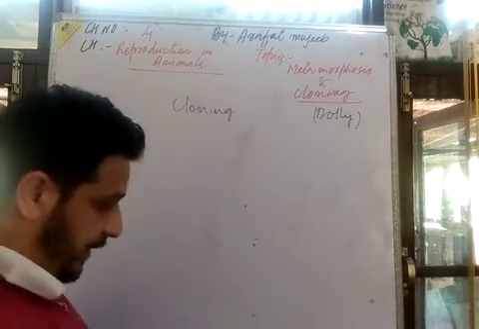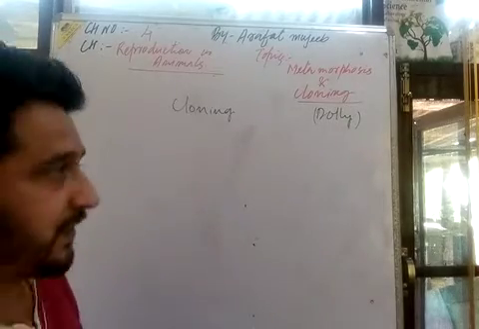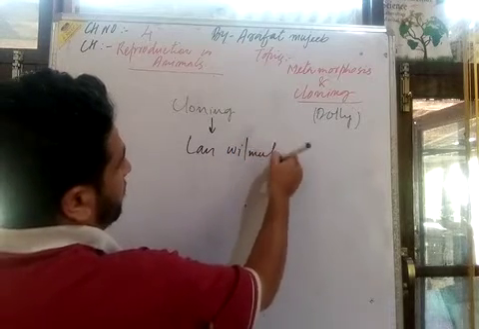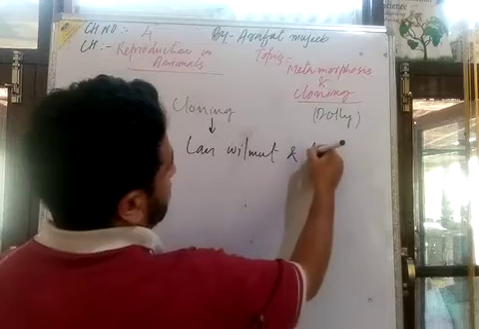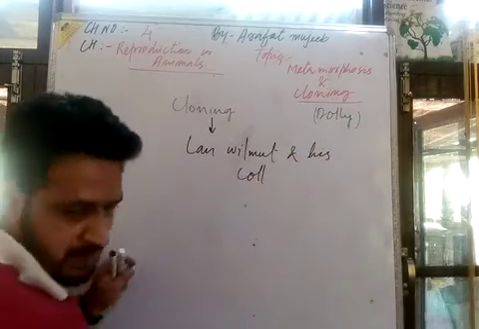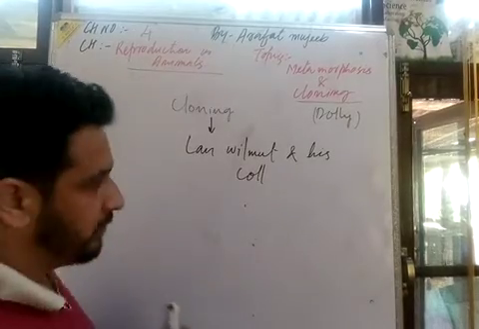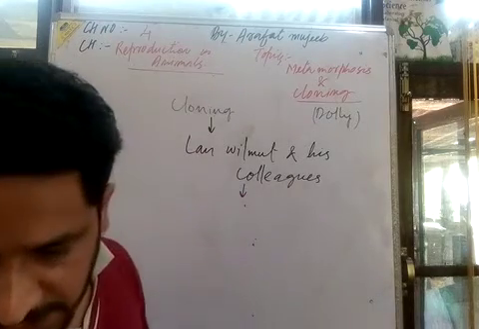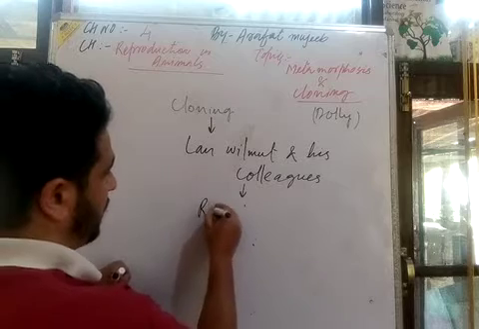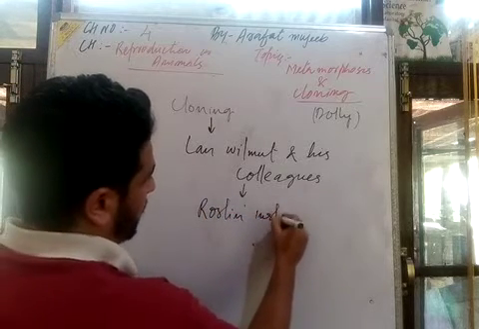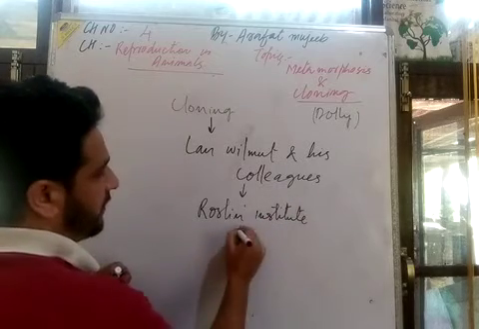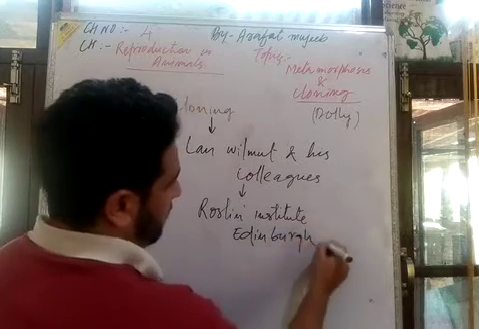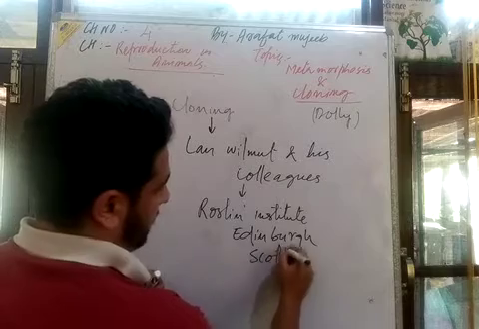अभी यहाँ पे ये क्लोनिंग, फर्स्ट जो क्लोनिंग है, this cloning was successfully performed by Ian Wilmut and his colleagues. कहाँ पे इन्होंने एक इंस्टीट्यूशन में ये परफॉर्म किया है, दैट इज नोन एज Roslin Institute, Edinburgh, Scotland.